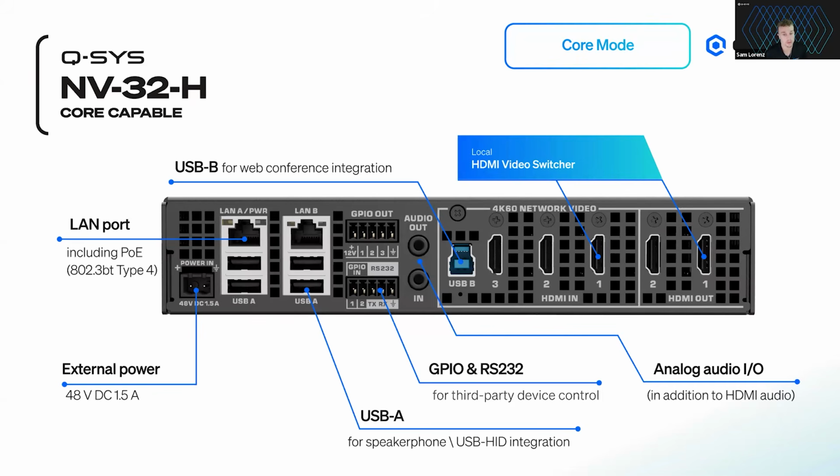So in core mode, you are not encoding or decoding any streams from the network. You're just a local 3x2 video switcher while also doing all the audio processing and any control processing that you need within the space.